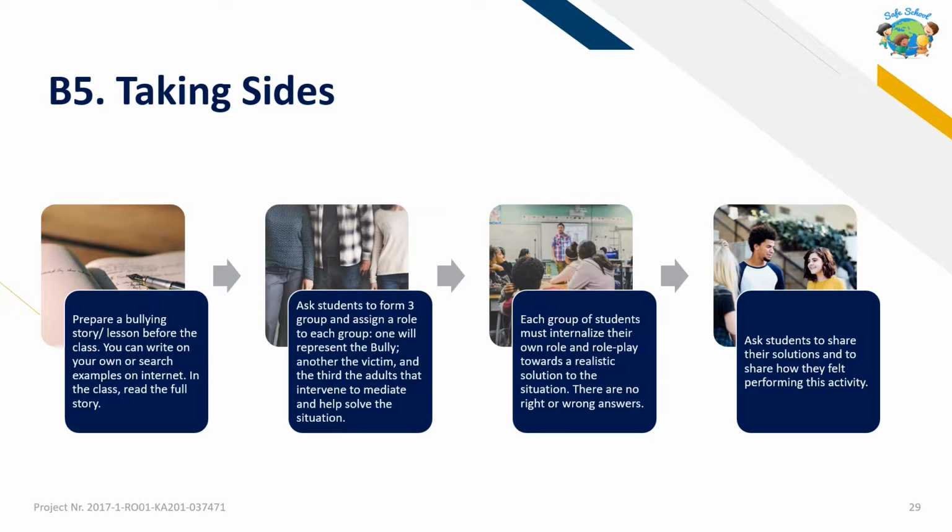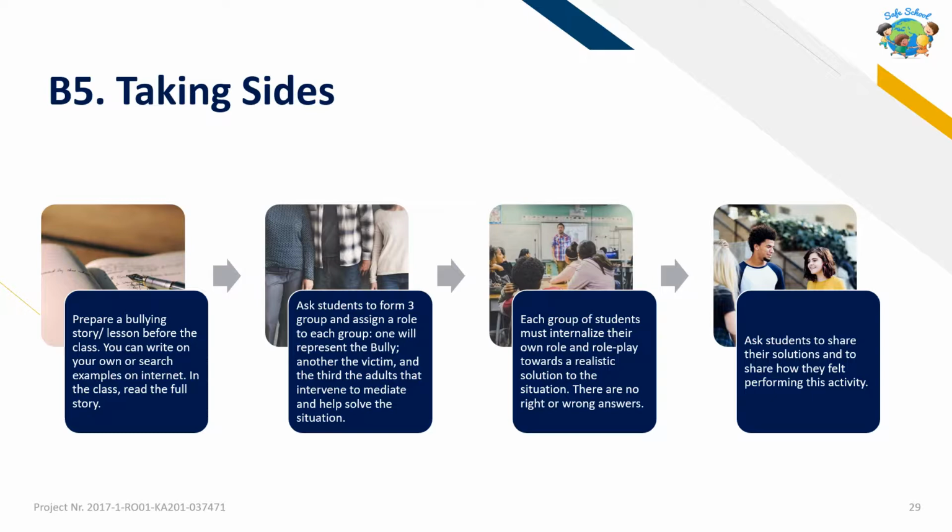This activity is to be implemented after the facilitator presents a given situation or story about bullying. So, you should also prepare in advance a bullying story or lesson. You can write it or search an example on internet. At the class, please read the full story.